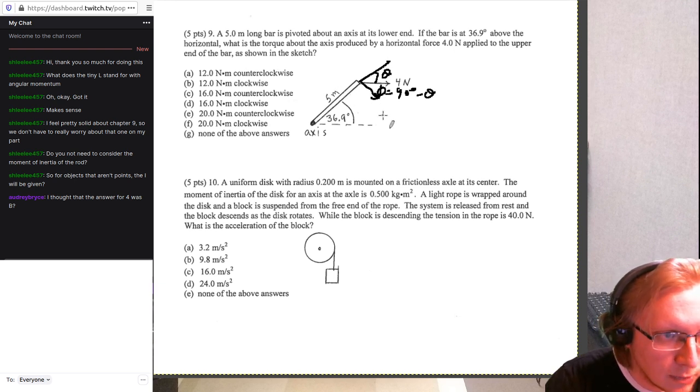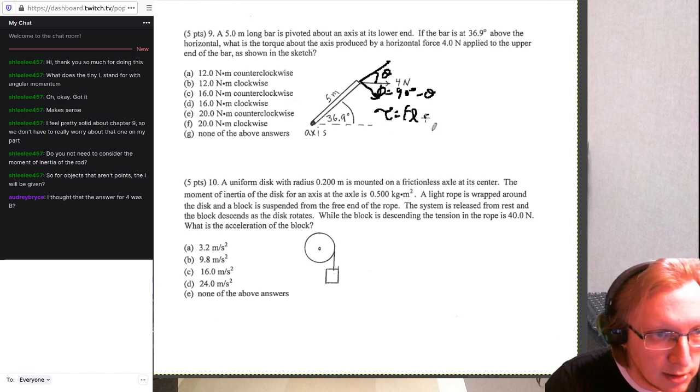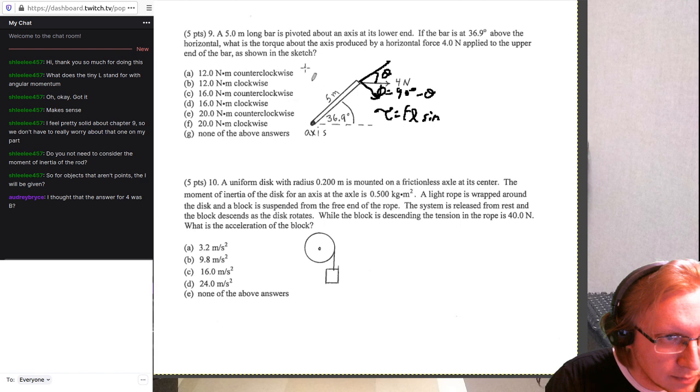So we need a torque equal to FL sine of some angle. I need the angle between them, so let's see here. If this was going up this way, then this angle would be 0, right?